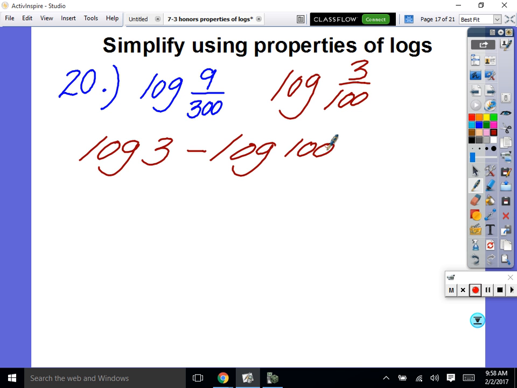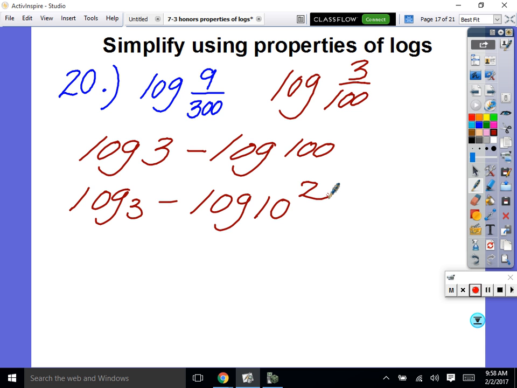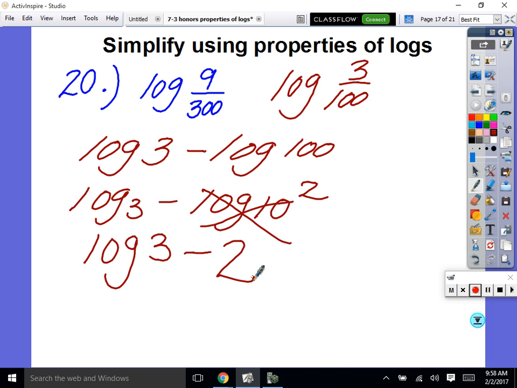So we have log of 3 minus log of 10 to the what power? Second. Now look, log base 10 and base 10 cancel out. So we have log of 3, that's not base 3, I wrote that a little bit small, minus 2. You see how that simplifies?